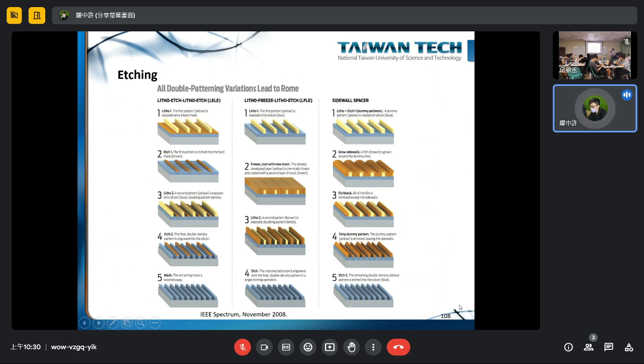Instead of doing it only one time, after one time we do another time. After that, we can reduce the spacing between the structures. Originally 20 nanometers, but if you do it 2 times, it becomes a 10 nanometer spacing, so the resolution can be largely improved.